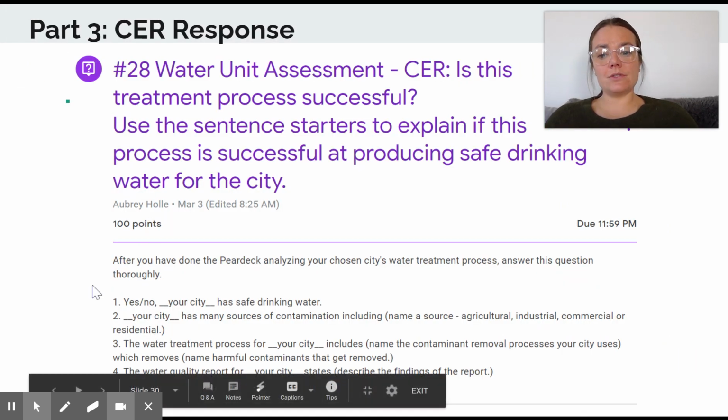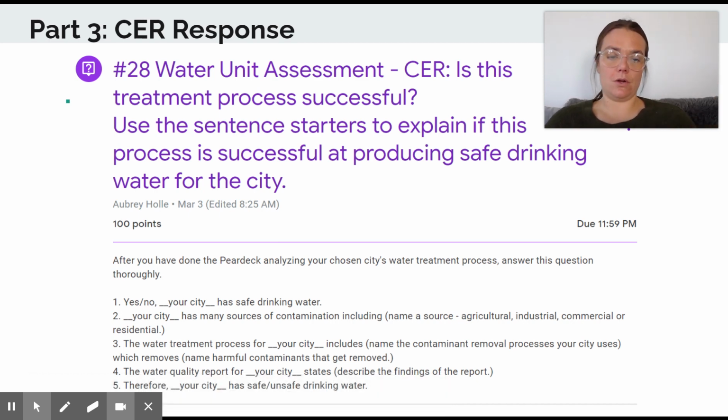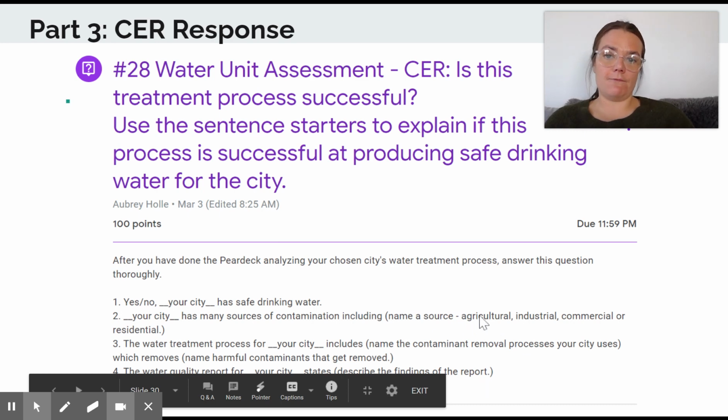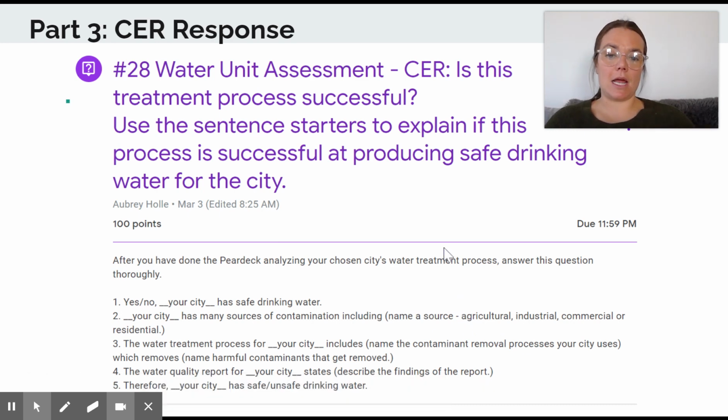Okay, you'll answer this question, is the treatment process successful, using these 5 sentence starters and replacing anywhere where it says your city with the city that you chose, so either Philadelphia, Milwaukee, Auburn, or Cincinnati. And then complete the rest of the sentences based on the information that you gathered in that Peardeck.